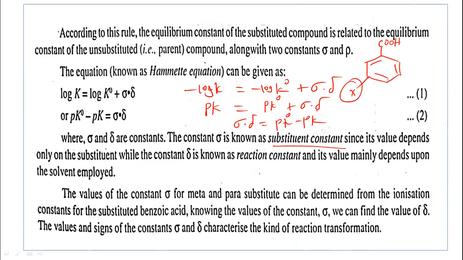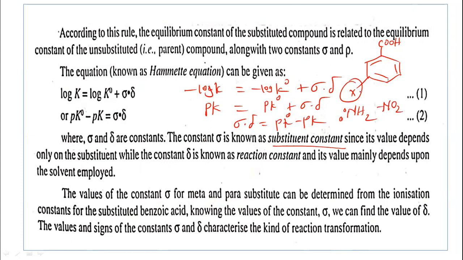This substituent constant depends only on the substituent, which type of substituent is there, electron donating or electron withdrawing. Just like the amino group is an electron donating substituent, and the nitro group is an electron withdrawing substituent.